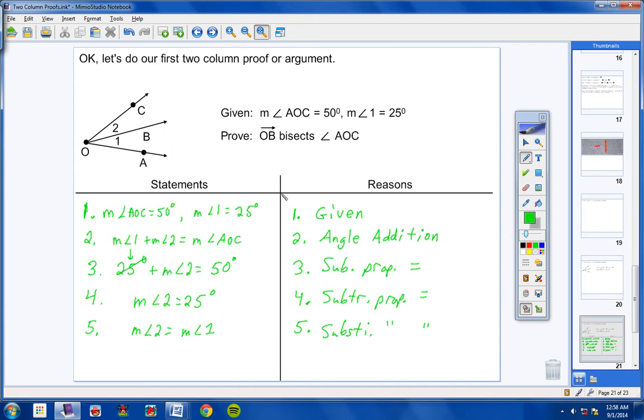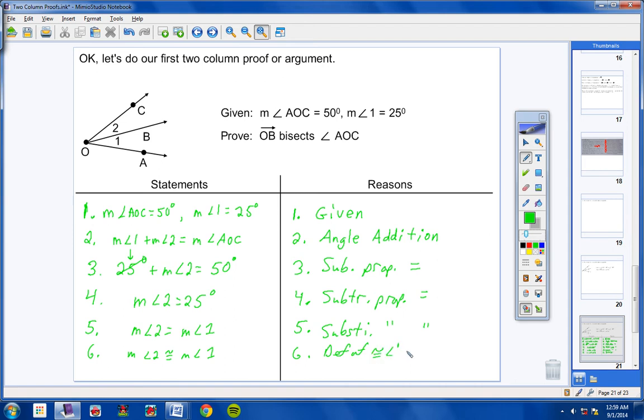But look, remember the definition of an angle bisector is a ray that divides the angle up into congruent angles. And right now we don't have congruent angles, we have equal angles. So what you need to do next is state the measure of angle 2 is congruent to the measure of angle 1. And are you allowed to do that? Yes. Remember the definition of congruent angles.